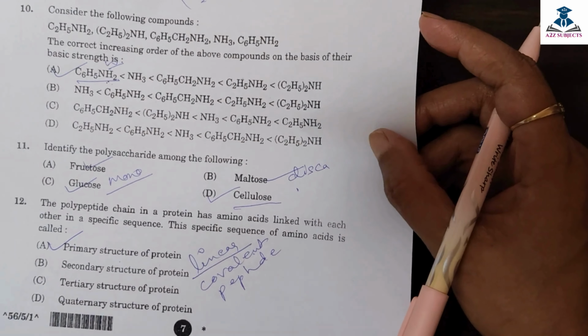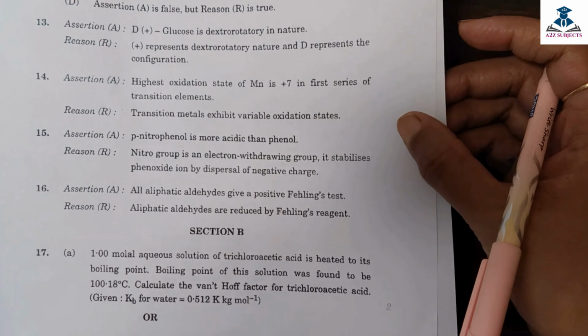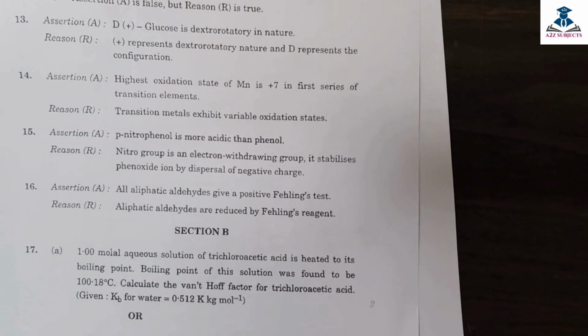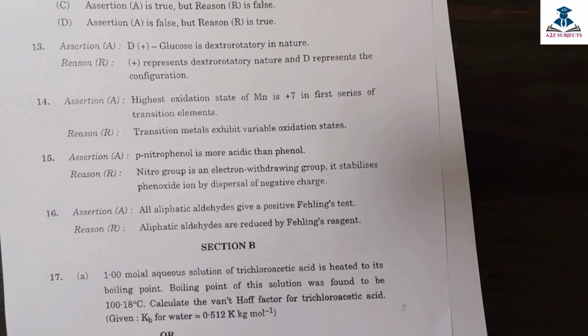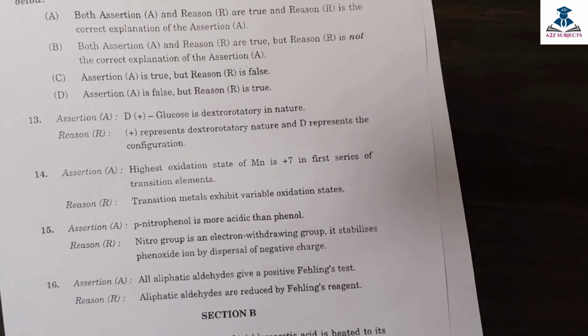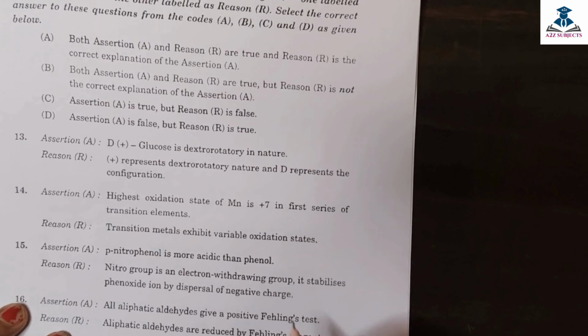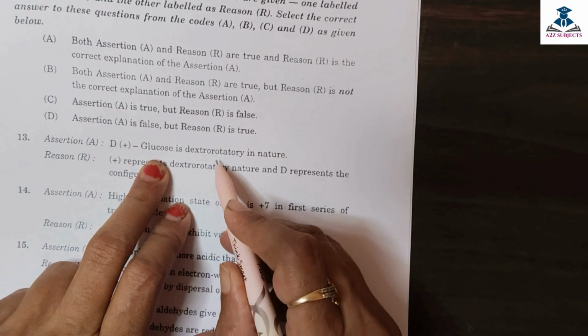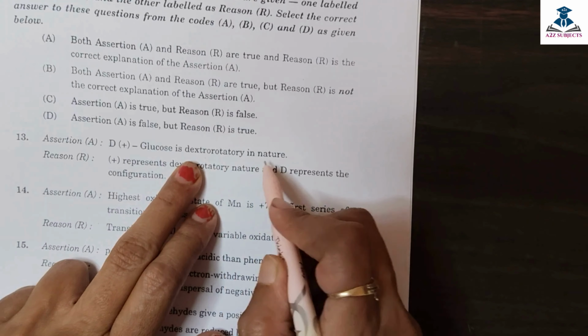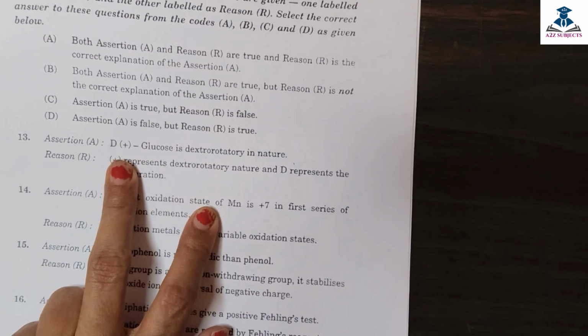Okay, the assertion based questions from 13 to 16. So the first question is, D plus glucose is dextrorotatory in nature. So what is the answer?